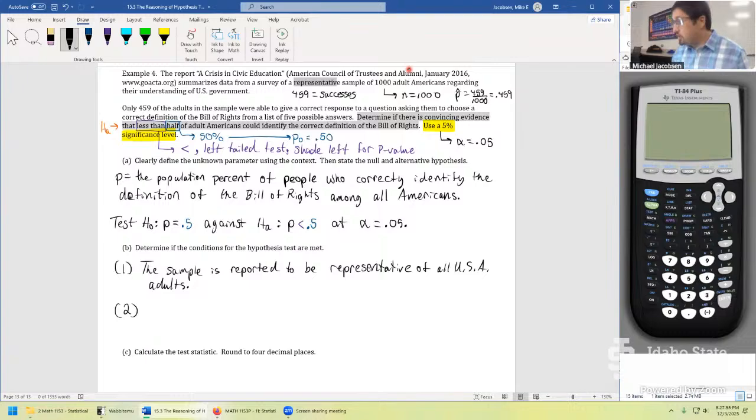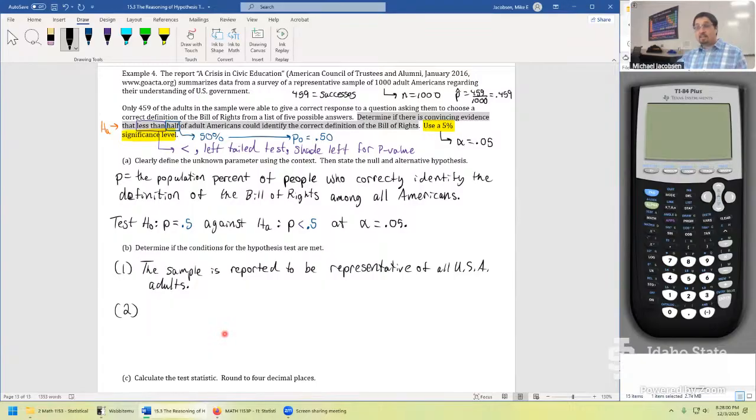Next is the success failures condition. Way different with hypothesis testing. We're looking into expected successes, expected failures. So let's write this out again. The number of successes, failures, expected when H naught, P equals the P naught value, 0.50, is true.